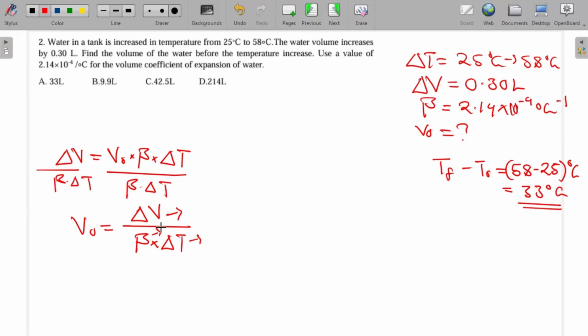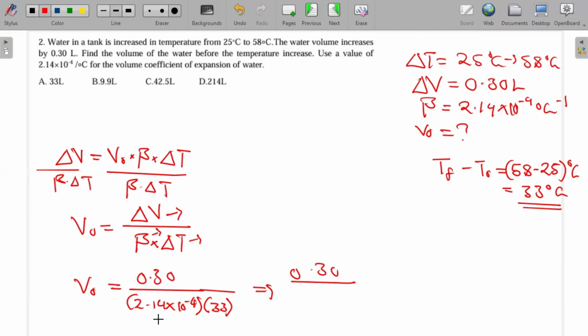I'm going to plug these values directly into this formula that I have here. So my change in volume, which is 0.30, divided by the coefficient of volume expansion, which is 2.14 times 10 to the power minus 4, multiplied by delta T, which is 33. This is going to give me my initial volume.